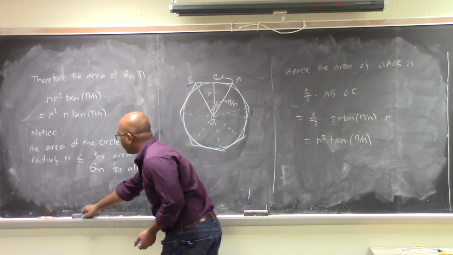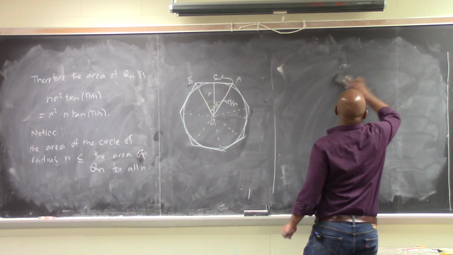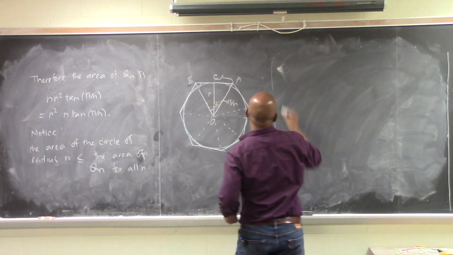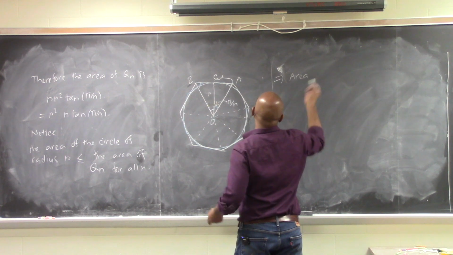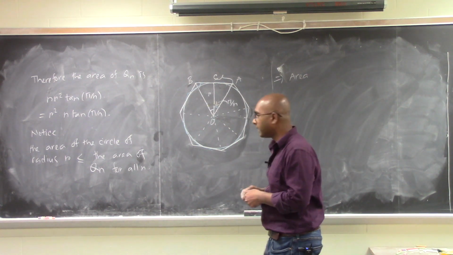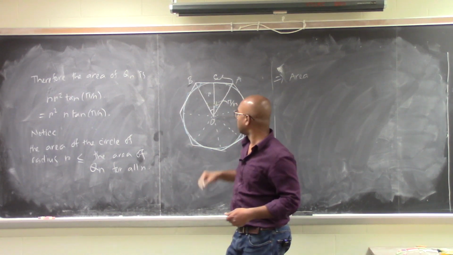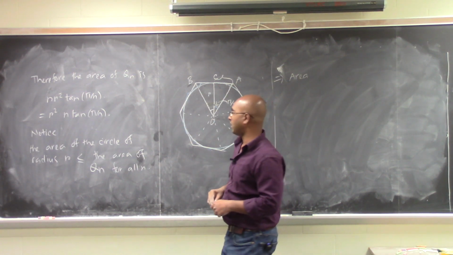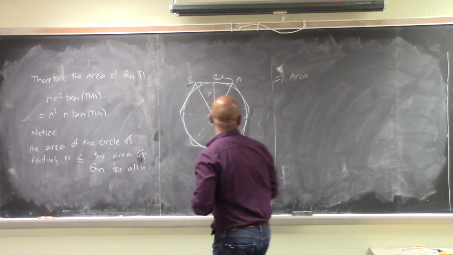Okay, and that means, for the area of the circle, now we are taking limit on both sides. Now notice this area of the circle does not depend on n. The area of the polygon depends on n, right? So if I take the limit as n goes to infinity, on this side it remains the same.